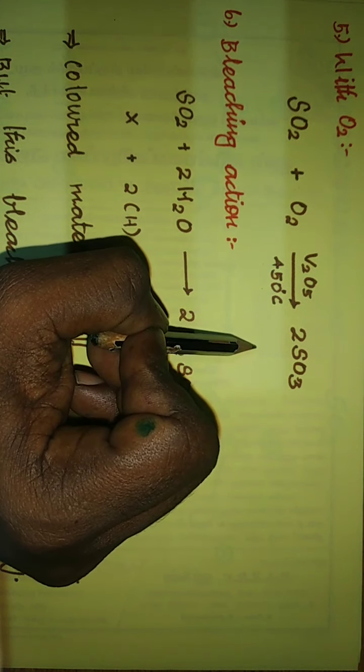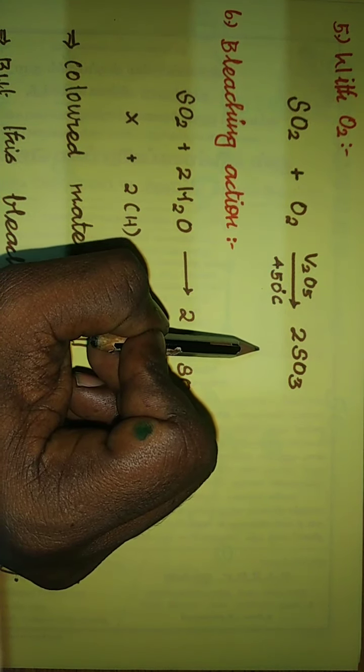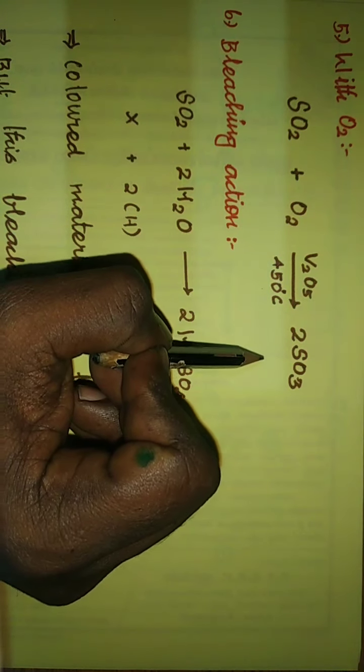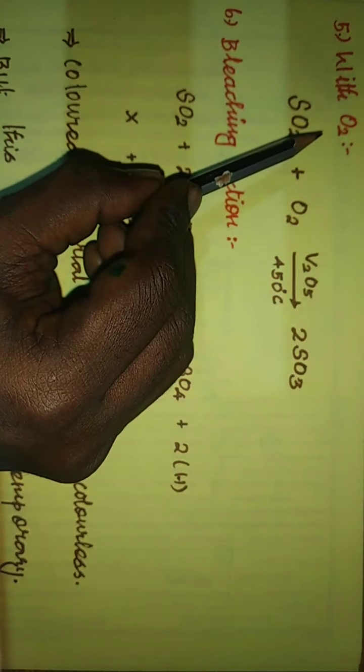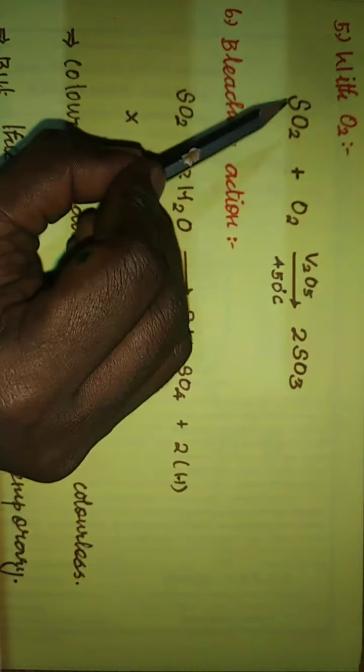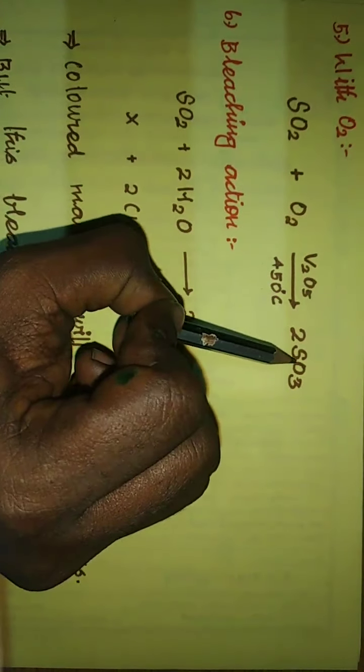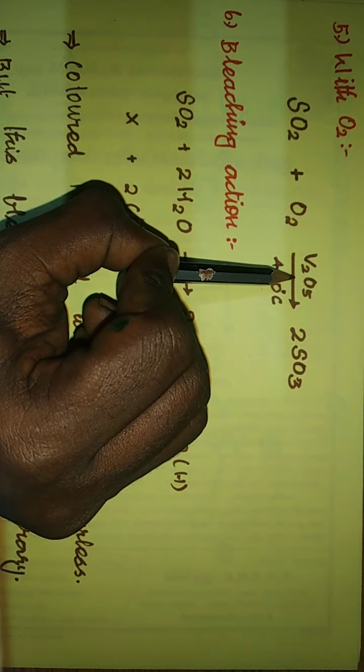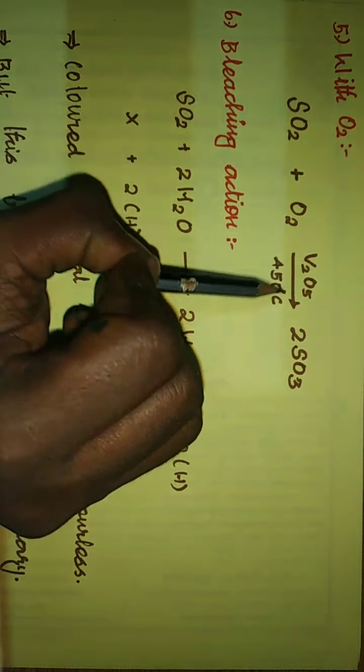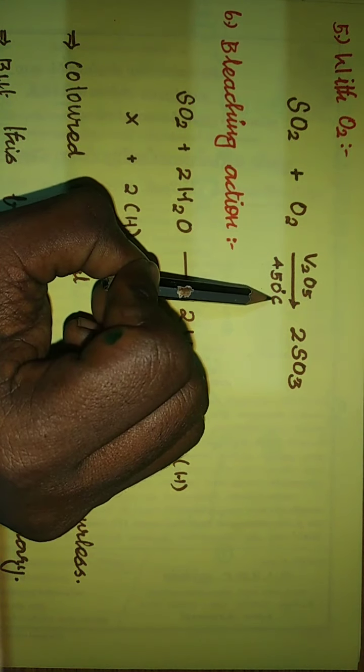Contact process is employed for the synthesis of sulfuric acid. What is chemical property number 5? With oxygen, sulfur dioxide forms sulfur trioxide in the presence of a catalyst, vanadium pentoxide, at around 450 degrees Celsius.